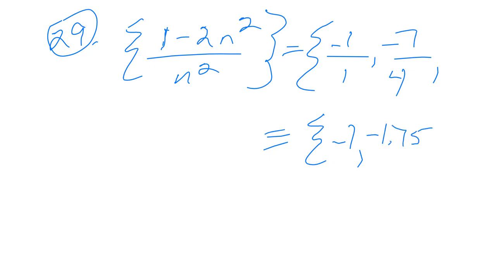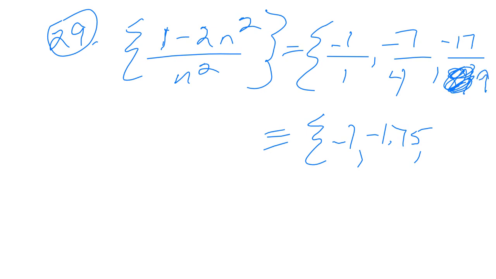So definitely we know it's not increasing, right? It could be decreasing, or it could be neither increasing nor decreasing. Let's just do one more here, just to see what's happening. The third term, n equals 3, so that's 9. So it's 1 minus 18, which is minus 17 over 9.